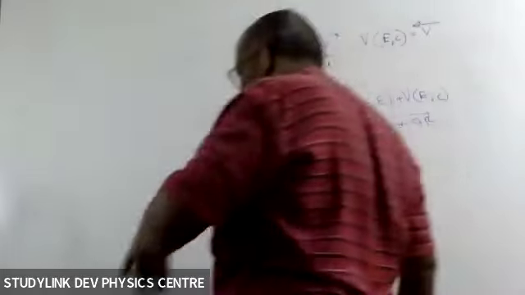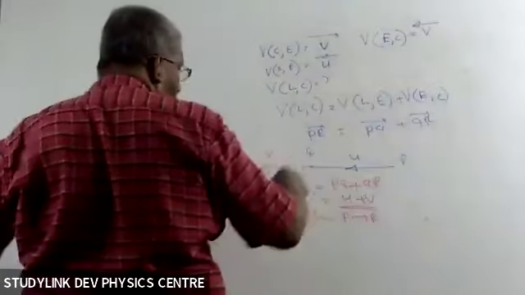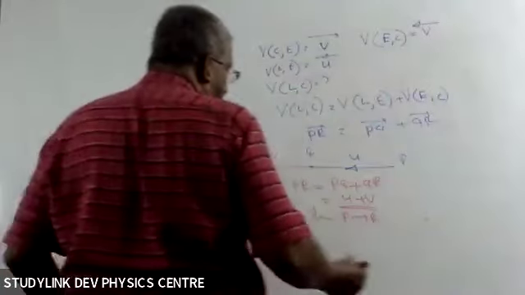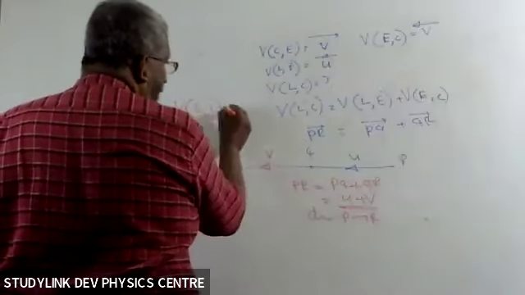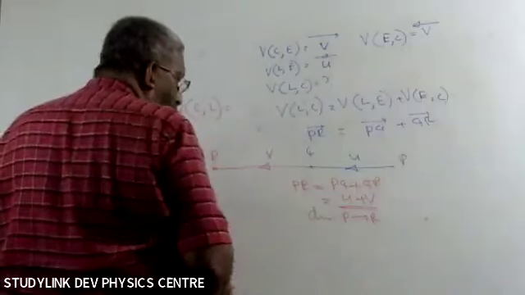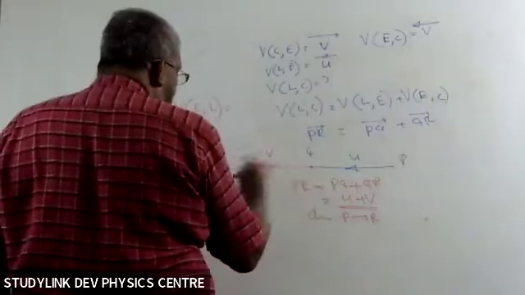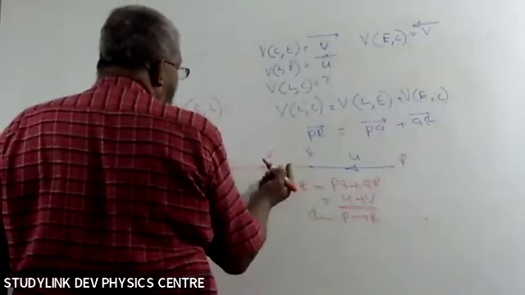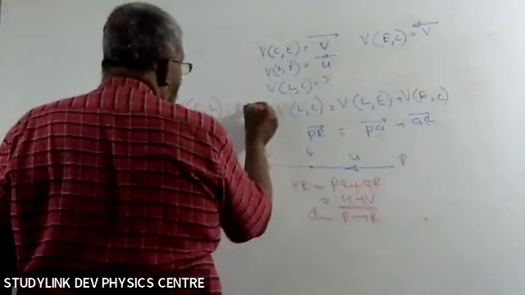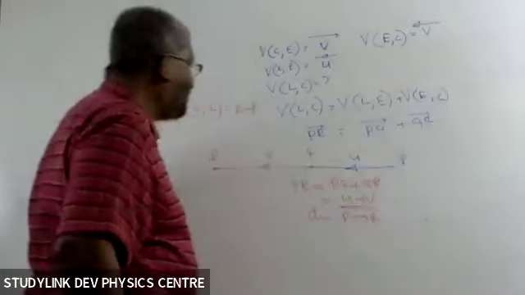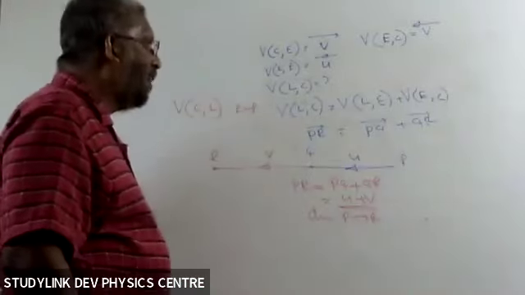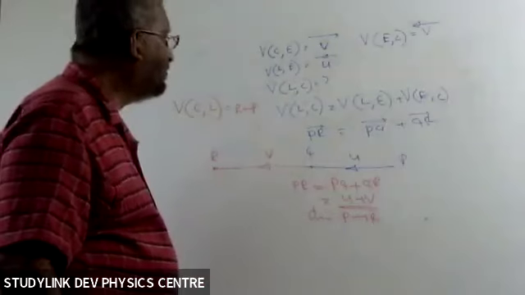Then what we have to do is reverse the direction. That means velocity of the car relative to the lorry, now we got P to R, now it is R to P. R to P is this direction, the opposite direction you get.